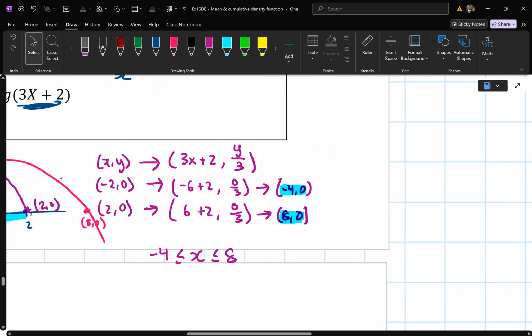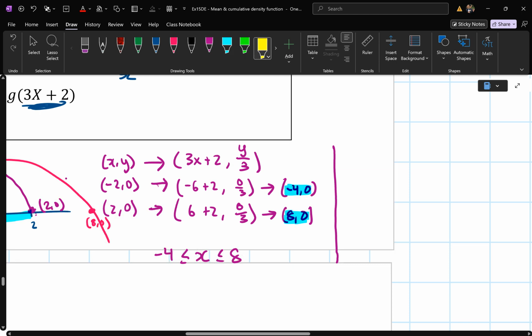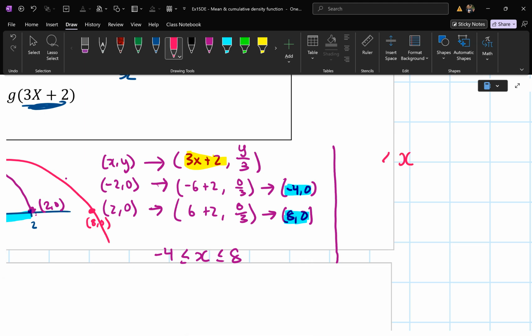But we could have done it another way as well, which is the way I did it in class. You could have used the transformation like I just did, or the way I did it in class, where I said the original domain was from negative 2 to 2. The transformation I'm applying, remember the rule, is f of ax plus b is equal to 1 on a times f of x minus b over a.